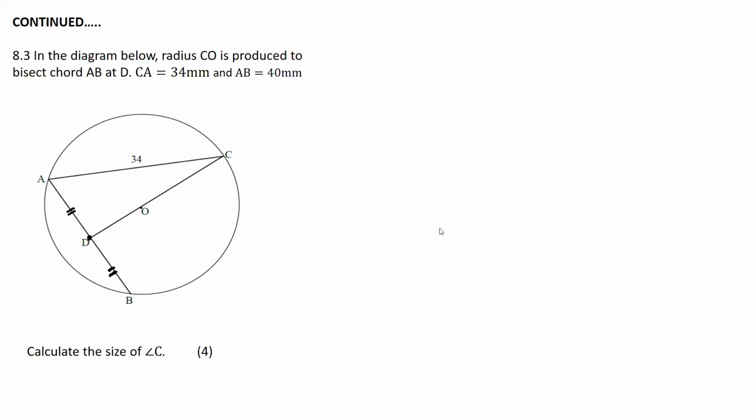So I want to write that as a statement because it's going to help me out. D is midpoint, because CD bisects AB. So D, who are you? I am a midpoint. Fine. CA is 34, I think it's on the diagram. Then the whole of AB is 40.